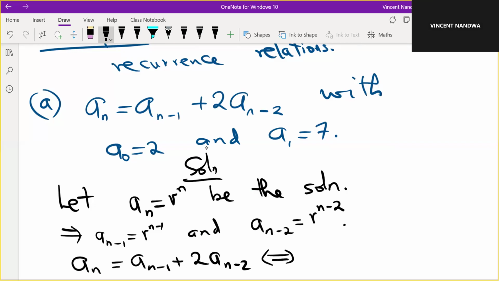When you do the substitution, you'll have r^n equals r^(n-1) plus 2r^(n-2).